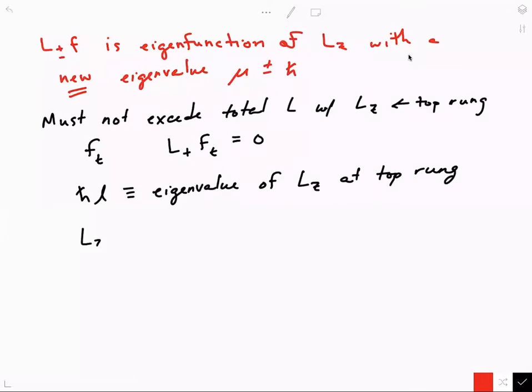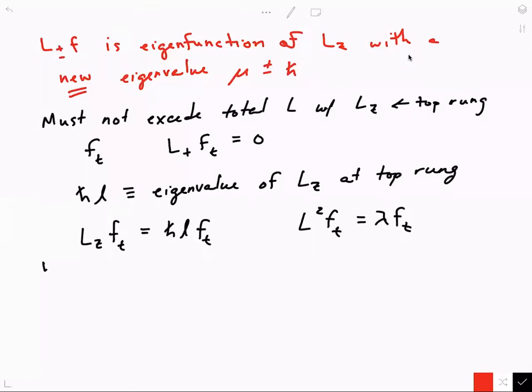So that means that Lz acting on this eigenfunction that is our top eigenfunction is going to give us this eigenvalue, and again our top rung eigenfunction. But remember, it doesn't matter how many times we apply the raising and lowering operator to our L squared, we're still going to have the same eigenvalue for that guy.